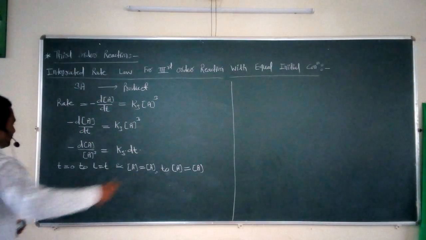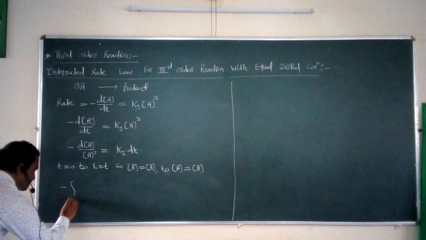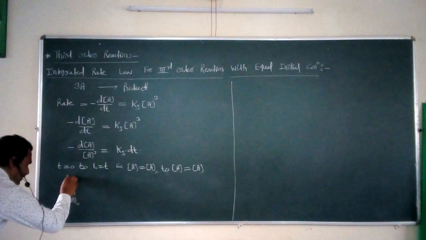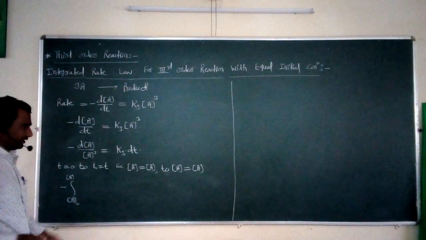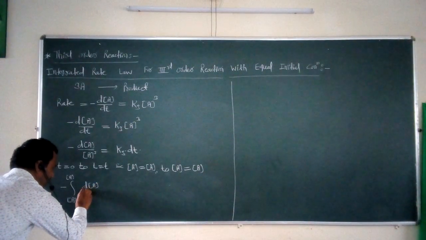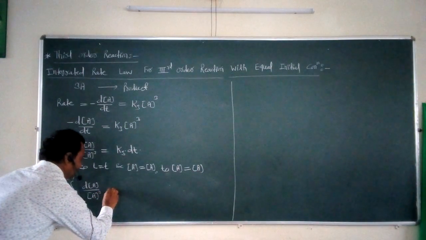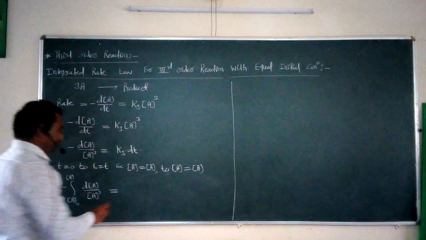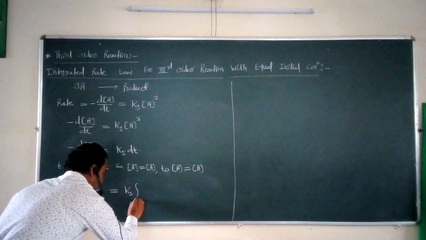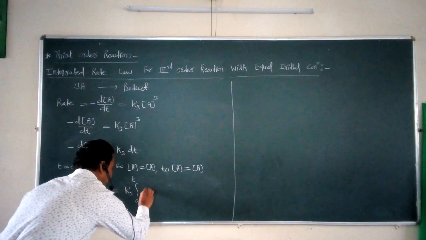You will get minus the integration over concentration of A0 to concentration of A of d[A] upon concentration of A cubed, is equal to K3 times the integration from t equal to 0 to t equal to small t of dt.